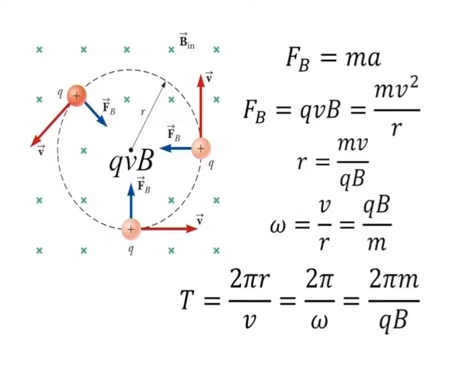These results show that the angular speed of the particle and the period of the circular motion do not depend on the speed of the particle or on the radius of the orbit. The angular speed is often referred to as the cyclotron frequency because charged particles circulate at this angular frequency in the type of accelerator called a cyclotron.